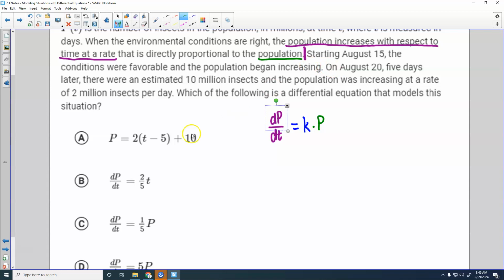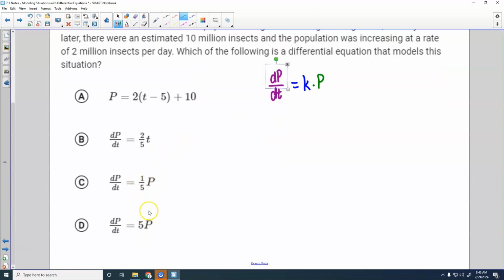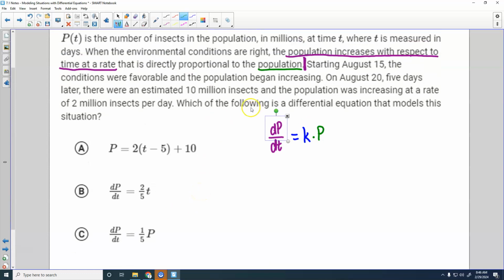So, now, definitely we got two options here. I think it is probably going to be C or D. But we got 1/5 and 5. And that's not like a difference between positive and negative like it was on the last problem, right? On the last problem, we knew we needed negative because we were decaying. So we're going to have to use this information to figure out what is happening.